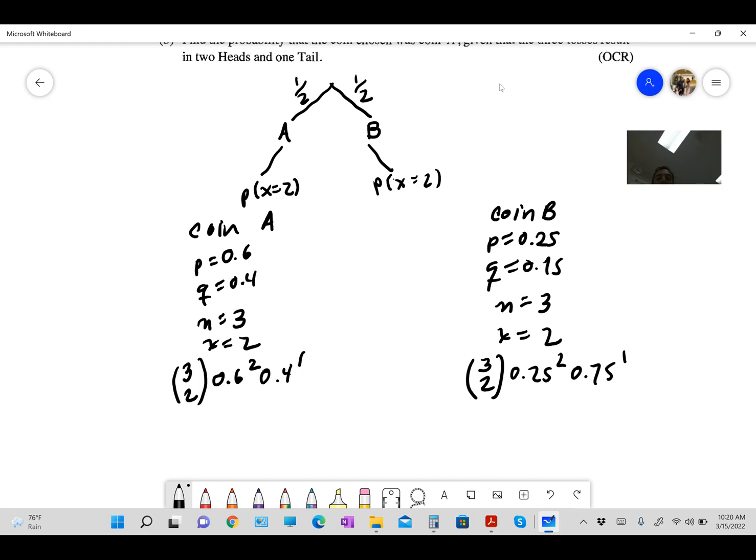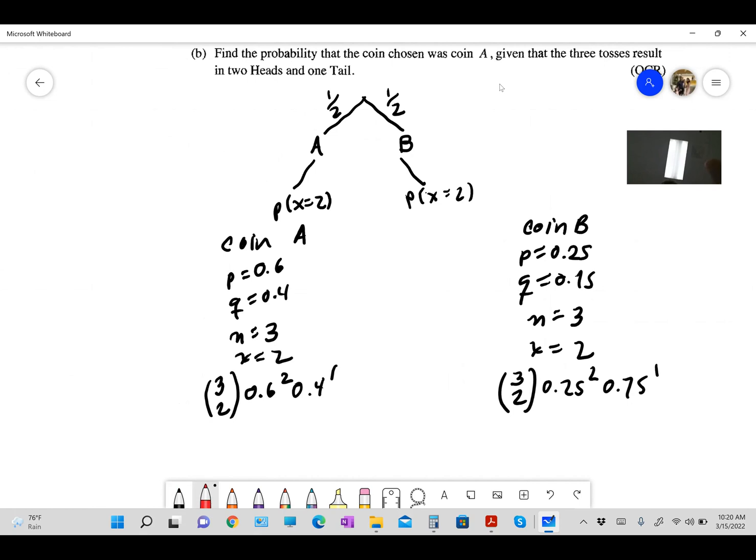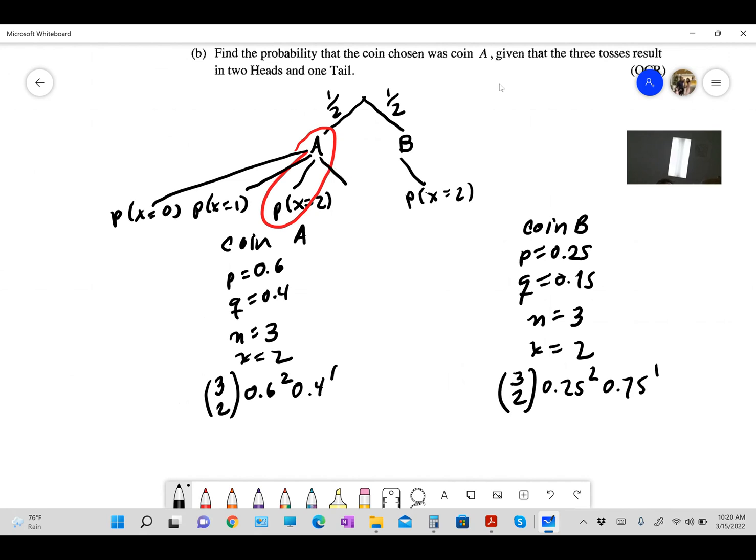But what you have to consider is that these events occur together with A or B. If you look at this as part of your tree diagram, it could have been A and X equals 1, or A and X equals 0, or A and X equals 3, and it would have been repeated over here as well.